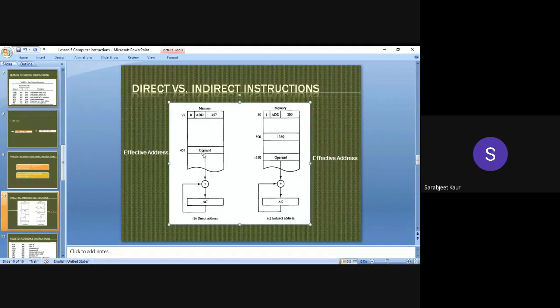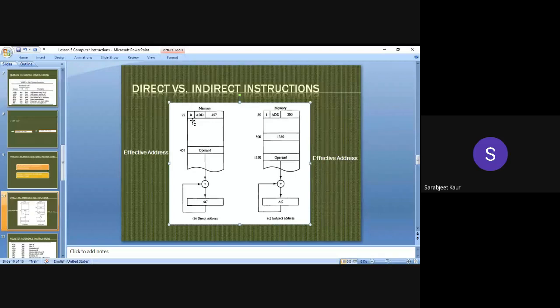Both these contents are going to be in binary only. So how to distinguish whether it is an operand or an address? By this bit we know. So if the highest order bit is 0, that is the mode bit is 0, it implies that this is a direct instruction.